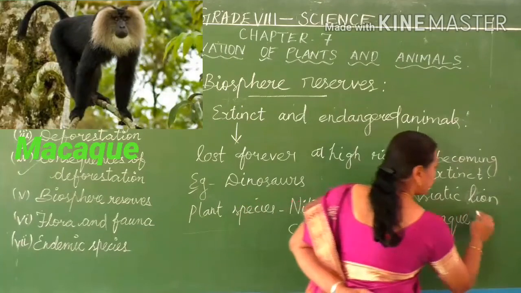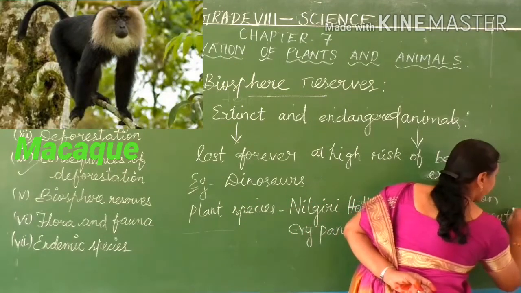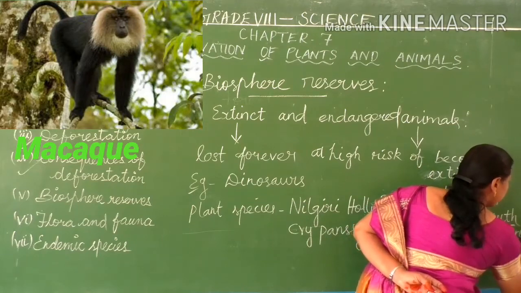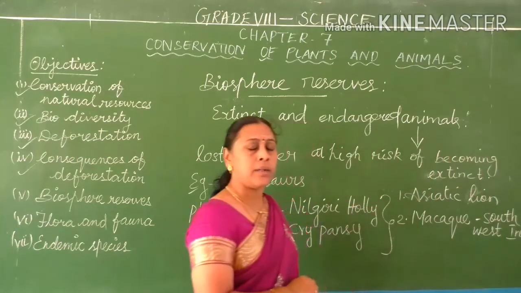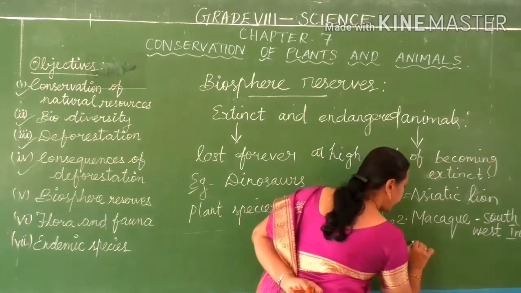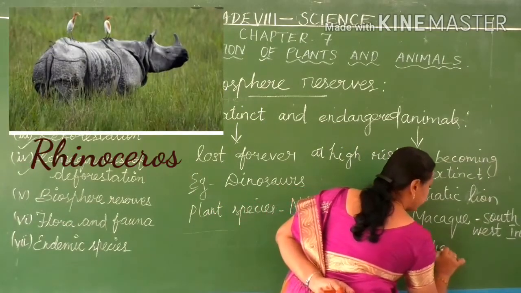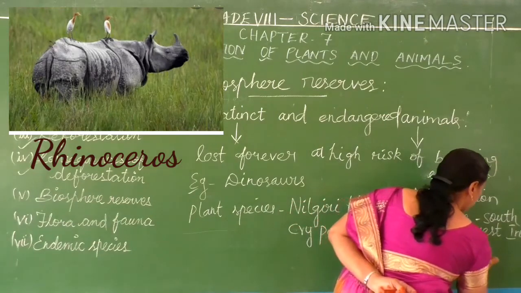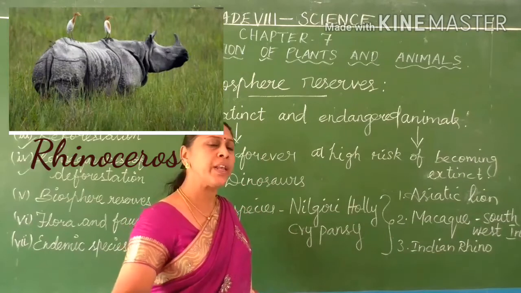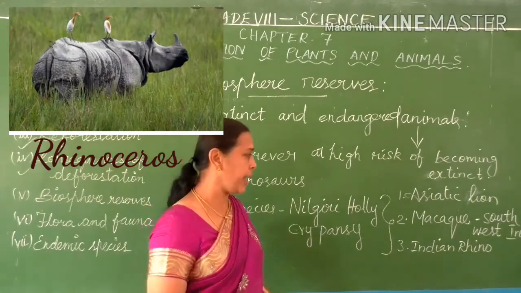It is seen in the southwest region of India. It is also very few in number. Then the Indian rhinoceros. It is also very few in number in our country.